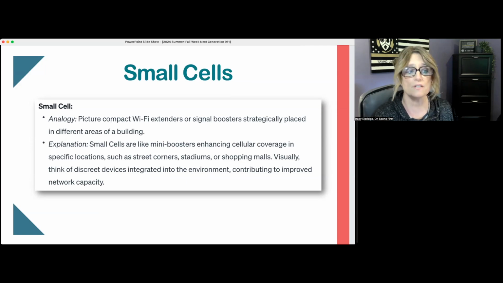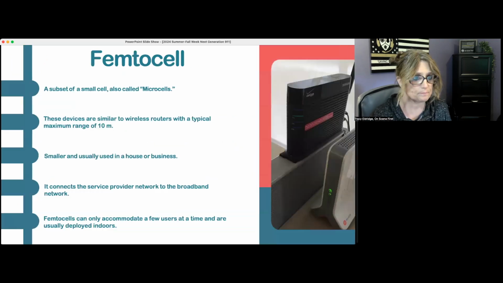So small cells are like mini boosters, enhancing cellular coverage. And I just want to be clear on that: the small cell is enhancing cellular coverage in specific locations, such as street corners, stadiums, shopping malls. Visually, you can think of it as discreet, integrated into the environment, contributing to an improved network.